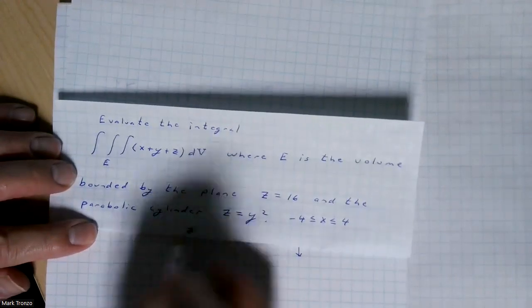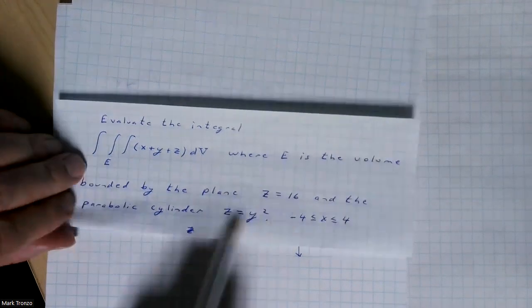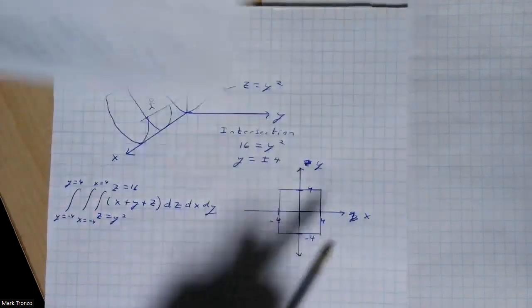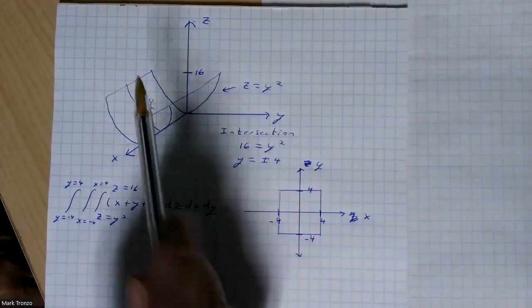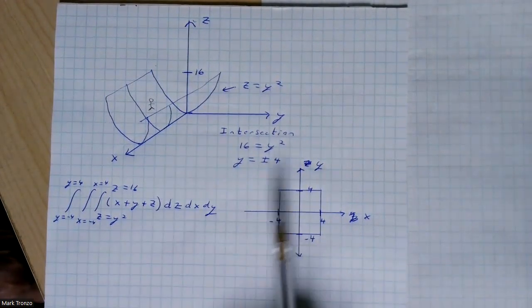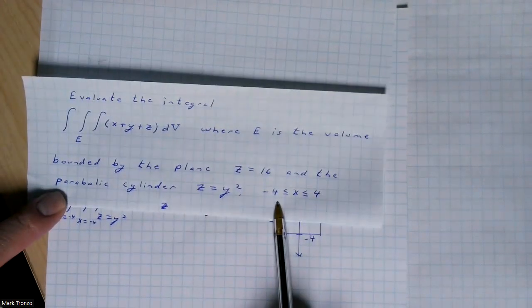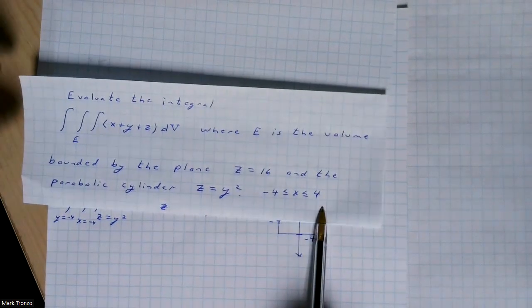So once again, we wanted the volume bounded by the plane z equals 16 and the parabolic cylinder z equals y squared. So go from there to z equals 16. And like I said, I forgot to put in this bound, so x will be from -4 to 4.